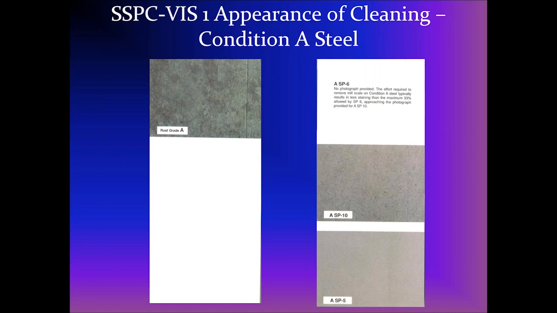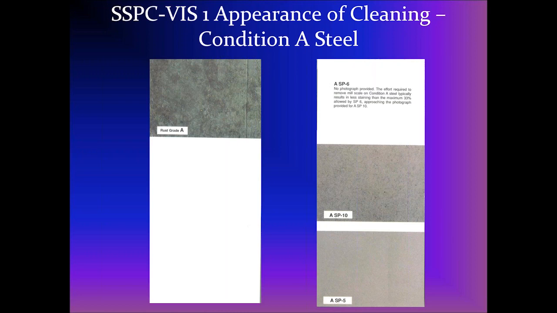Note this though, for condition A, you'll see there's just SP10 and SP5, or near white and white. There are no photos for brush-off and commercial. The reason is, by the time you blast clean intact mill scale to remove all the mill scale and only allow stains to remain, your cleanliness is going to be SP10 or better.